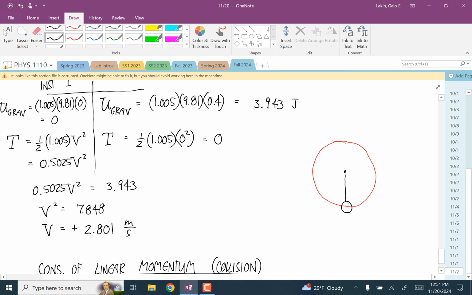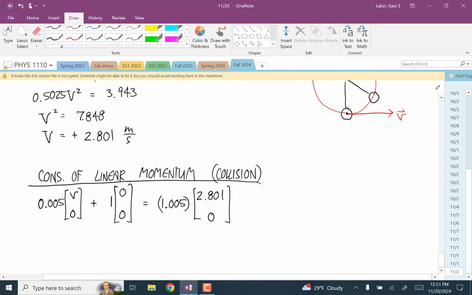When it's hanging, it's at this part of the circular path, and it's going to swing up to this part of the path. But down here, notice that the velocity is tangent to the path in the direction of motion. So the velocity is exactly like this. Any other questions before we calculate this?